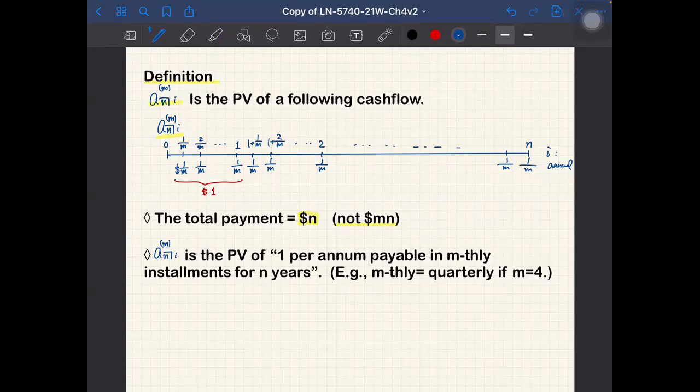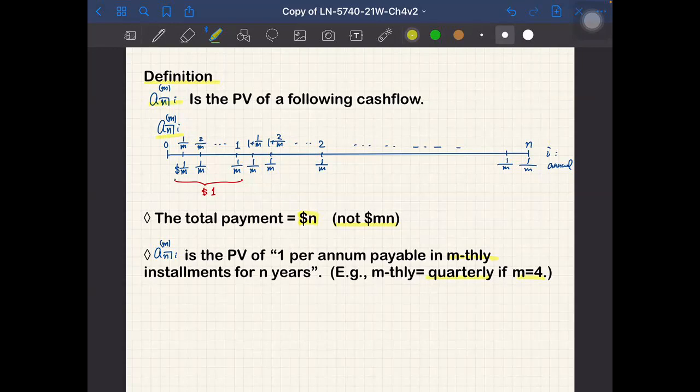So 1 per annum just means $1 per year, and payable m-thly. M-thly is a strange word, but that means quarterly if m is equal to 4, or monthly if m is equal to 12, and daily if m is equal to 365. So we can say in words: $1 per annum payable in m-thly installments for n years. Okay, so this is the definition.